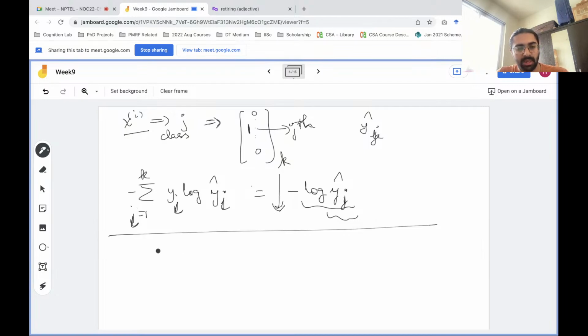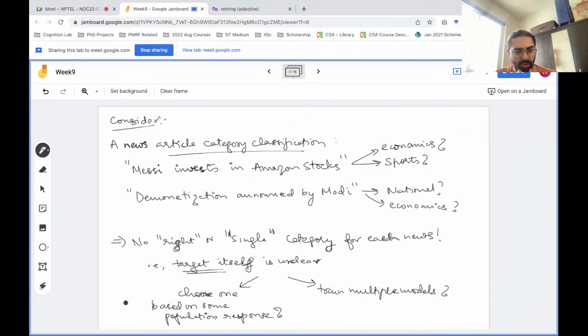For the Messi news, you see how many have labeled it as sports and how many as economics, and see which is higher. If sports is higher, then you take sports as the right category for Messi, otherwise the other way around. That's certainly one approach.